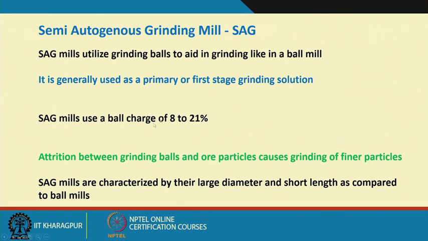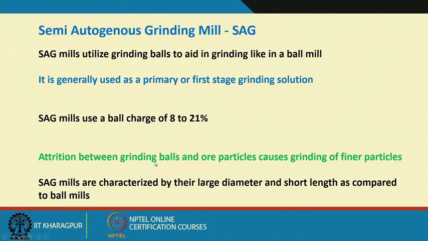SAG mills use a ball charge of 8 to 21% of the total mill charge. So, as the ball charge is around 8 to 21%, why is there such a huge deviation, a difference between 8 to 21%? Because that depends on the material characteristic you try to feed or try to break.